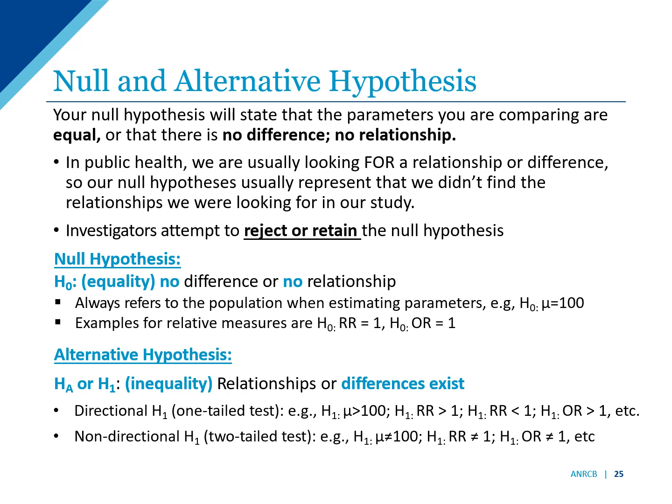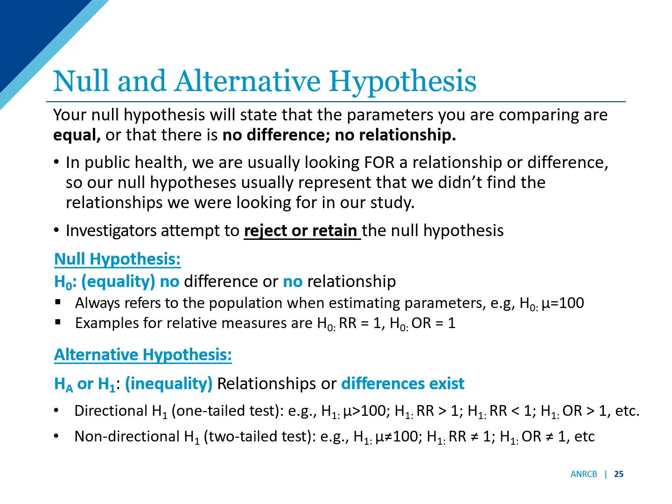Your null hypothesis in every case will state that the parameters you are comparing are equal or that there is no difference or no relationship. In public health, we are usually looking for a relationship or difference. So our null hypothesis usually represents that we didn't find the relationships we were looking for in our study.